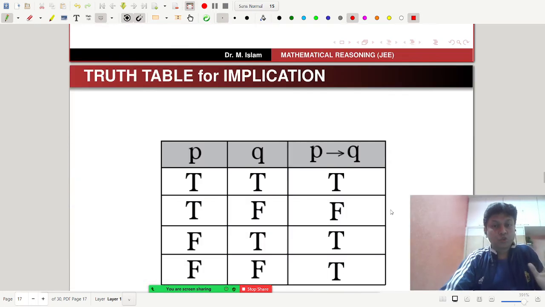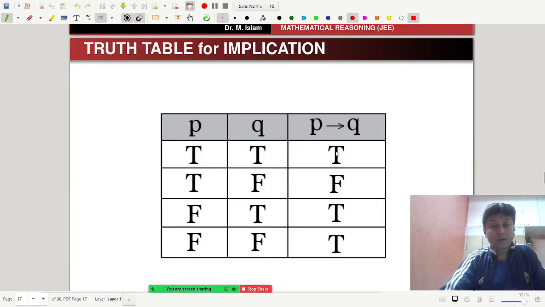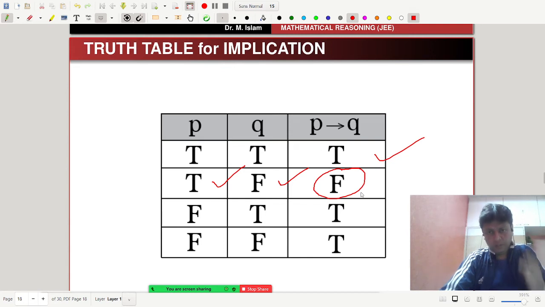So let us see the truth table. This is a very important truth table. The first row says if P is true, Q is true, then P implies Q is also true. If P is true but Q is false, then P implies Q takes the truth value false. This is important because it is false if and only if Q is false.